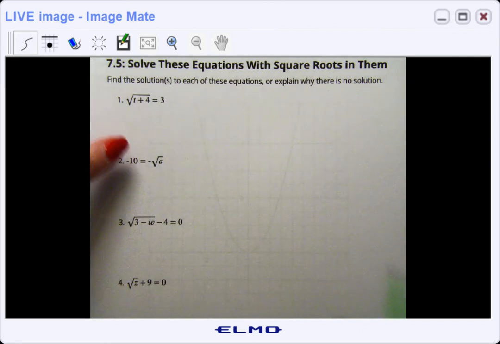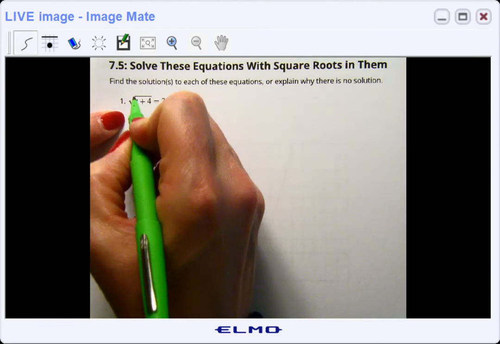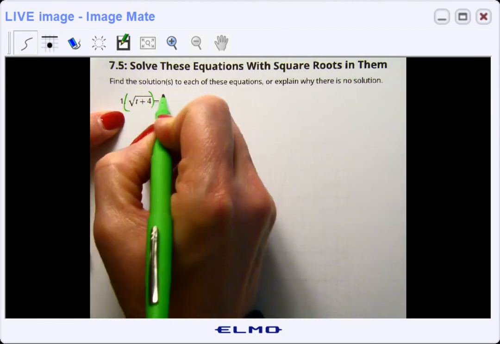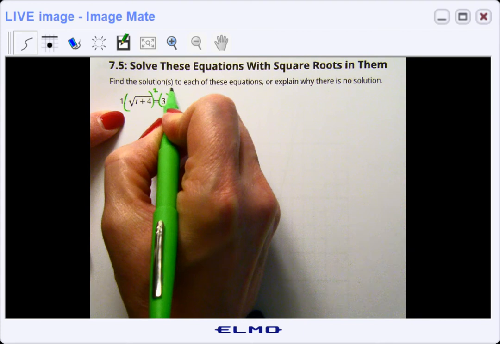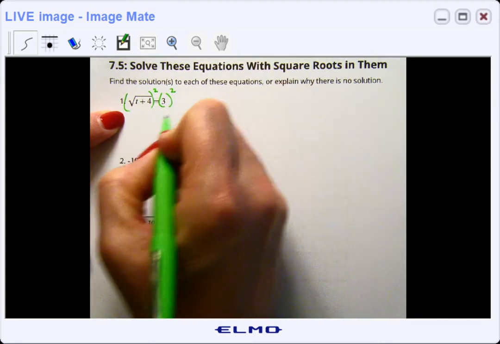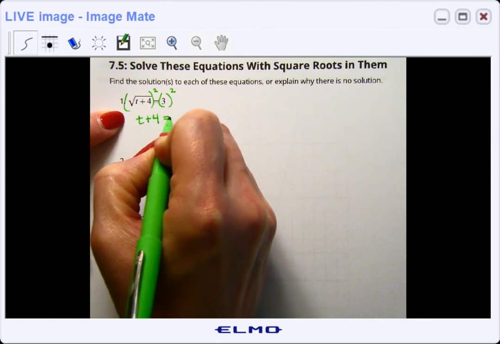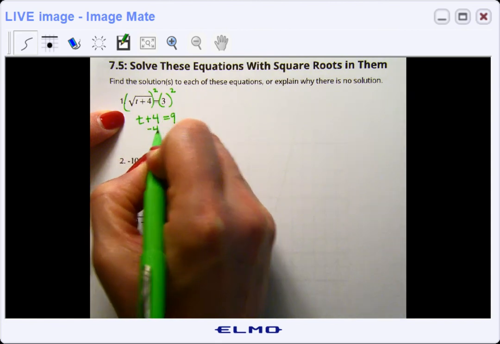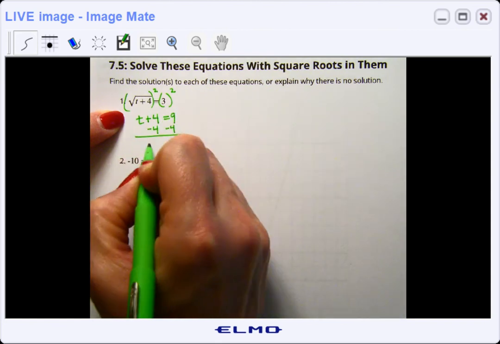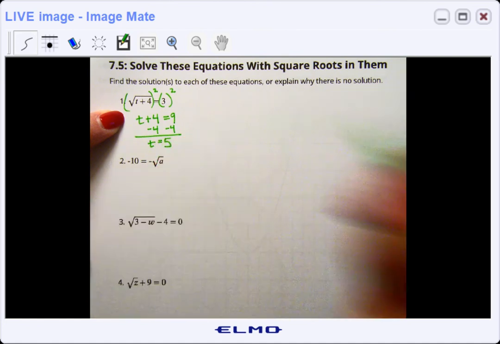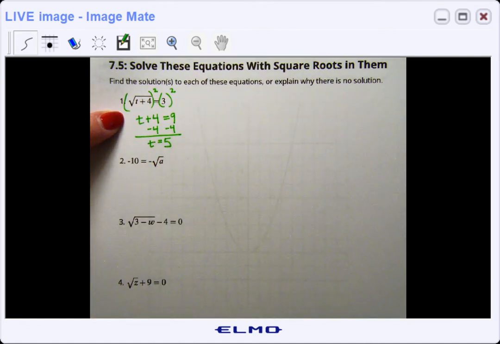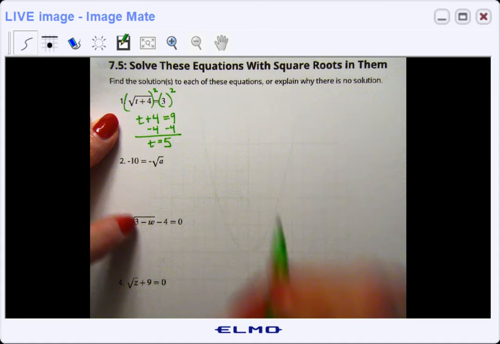Okay? So this is already isolated. I'm going to go ahead and square both sides of the equation. So I get t plus 4 equals 9. Subtract the 4. T equals 5. Okay, I think that's going to be a good solution, but I better check to make sure.